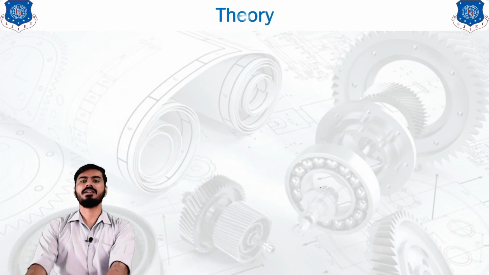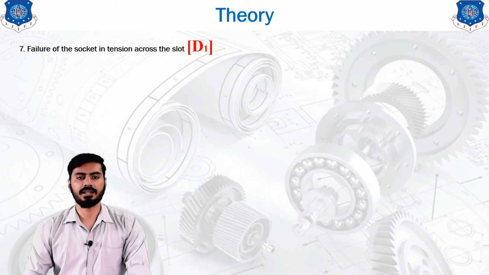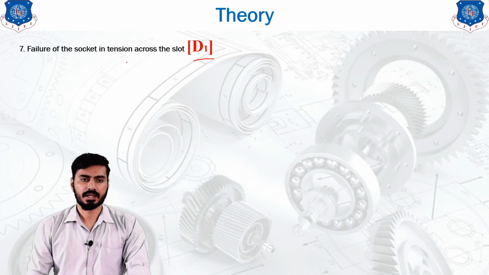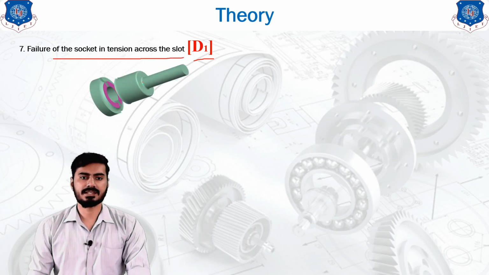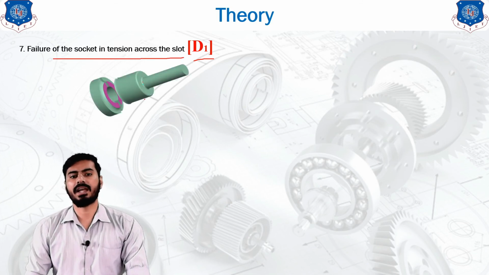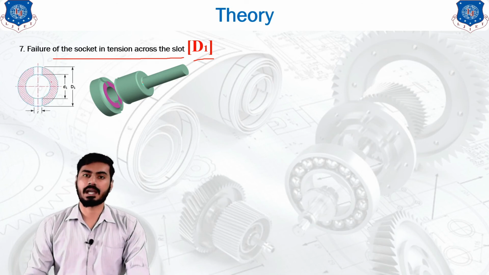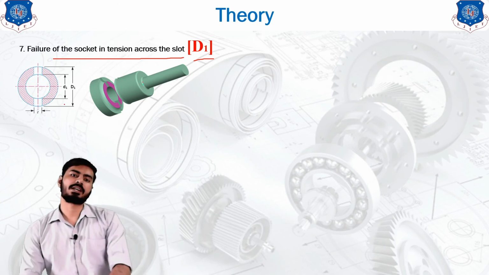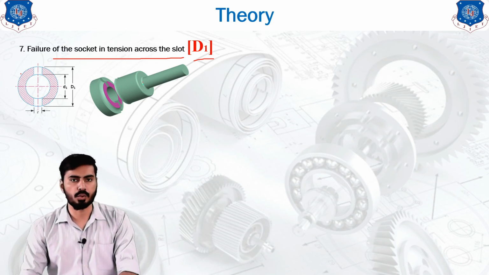Now we will see another step, step number 7, in order to calculate the dimension d1. That is the failure of the socket in tension across the slot, and this is the socket, and whenever it fails due to the tension, it will fail at the weakest section, and the weakest section is the section where the slot is provided to accommodate the quarter into it.